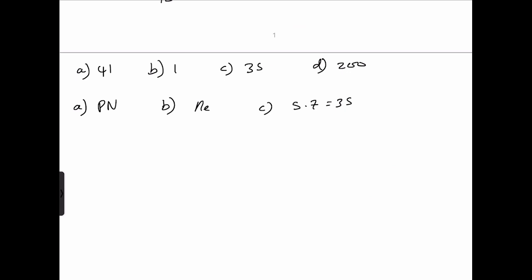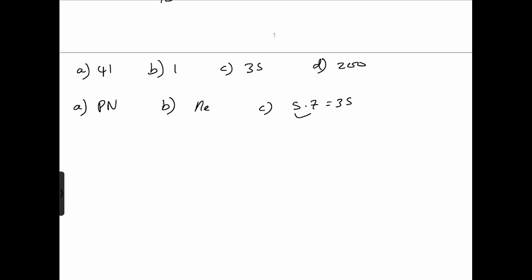So here we see that it has 5 and 7 as factors other than 1 and itself. And it can be written as a product of prime numbers. 5 and 7 are prime numbers.